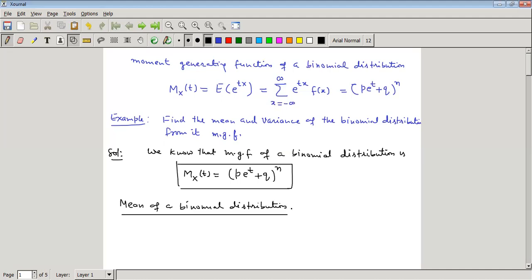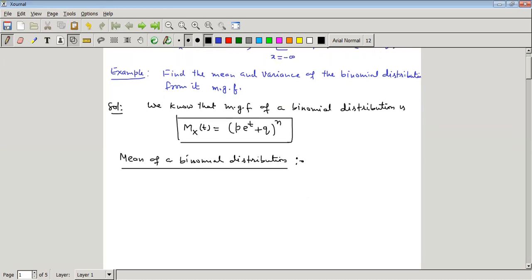We know that the mean of the binomial distribution is np, but how can we find it with the moment generating function? The mean is equal to the expectation of X, which we denote mu1 dash.